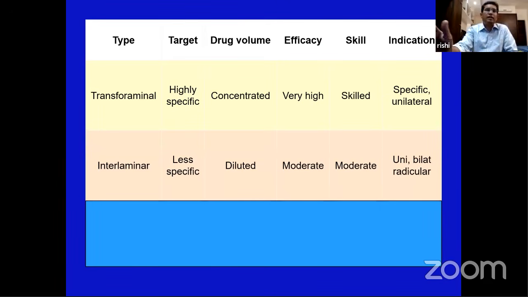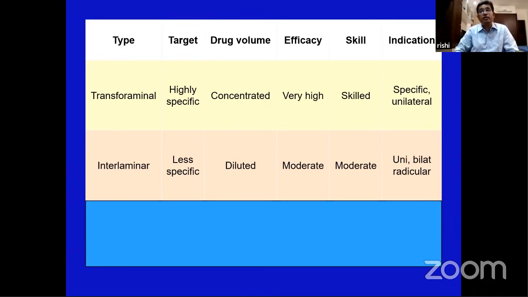The second technique, the interlaminar, is slightly less specific because whether the herniation is at L2, 3, 4 or at the L5S1 level, the injection is given at the level of L3, 4 and the drug spreads. It spreads proximally as well as distally. So the amount that reaches the level of the inflamed nerve root is much less.